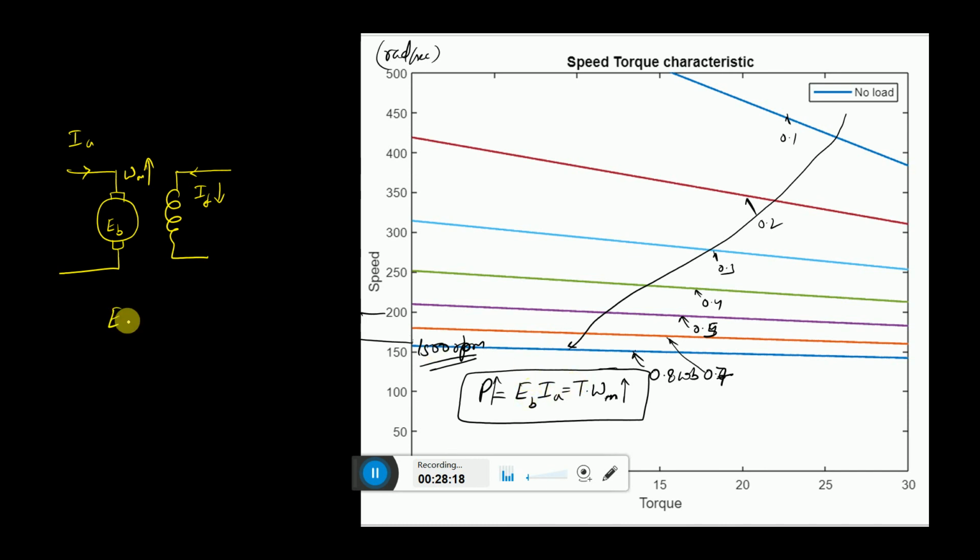The EB is equal to KB phi into N. So you are decreasing the value of phi and increasing the value of N, trying to keep the EB constant. But again, EB and IA multiplied together lead to constant power.